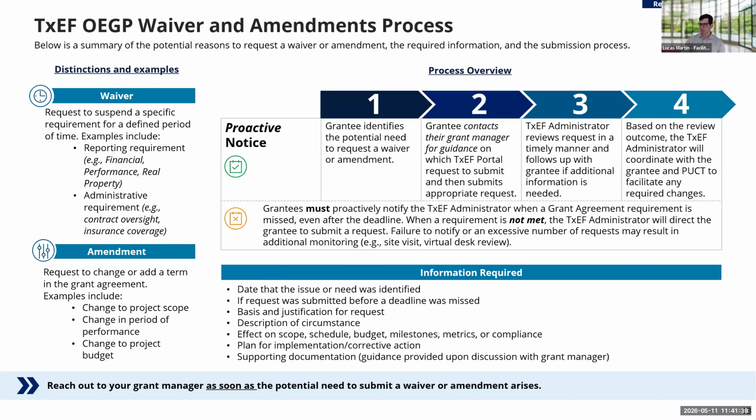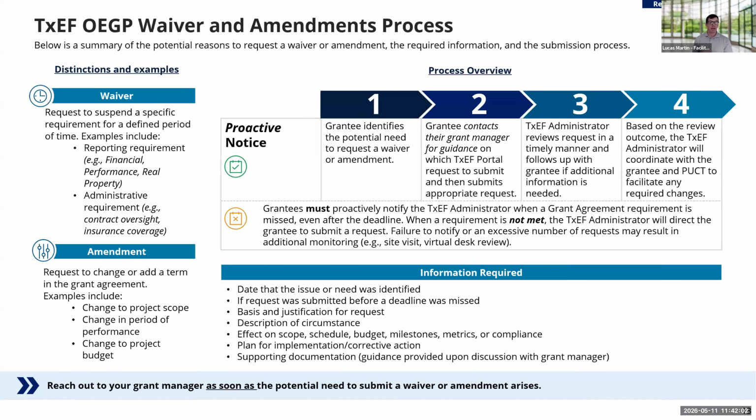I do want to note here, on the right side, the process overview, but also want to make sure that I express that it's incumbent on you as grantees to proactively notify the Texas Energy Fund administrator, as well as your grant manager, if there's a need for a waiver or an amendment.